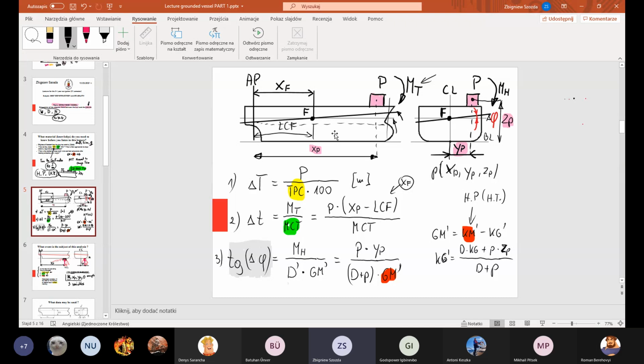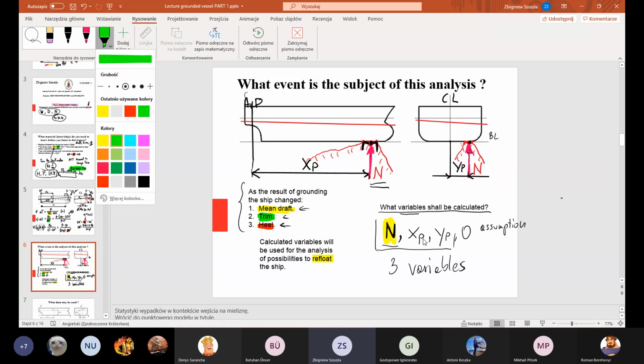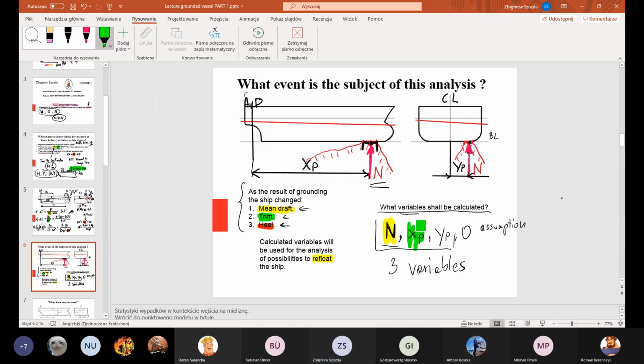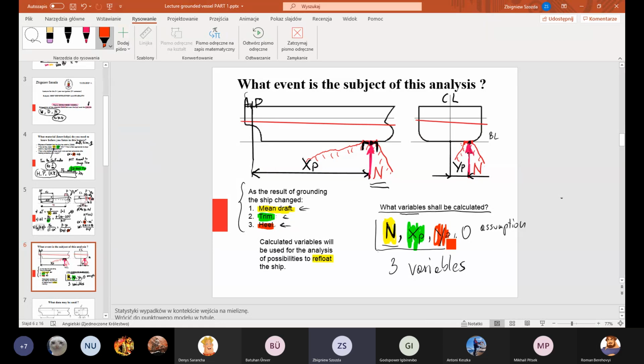Change of mean draft, change of trim, change of the angle of heel. And please focus on these variables. I will take colors: change of mean draft, change of trim, and change of the angle of heel. Am I smart? Yes, I am.